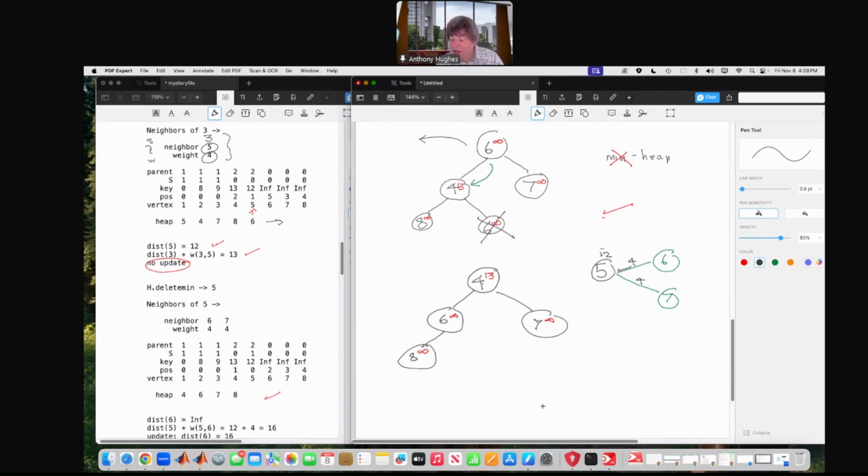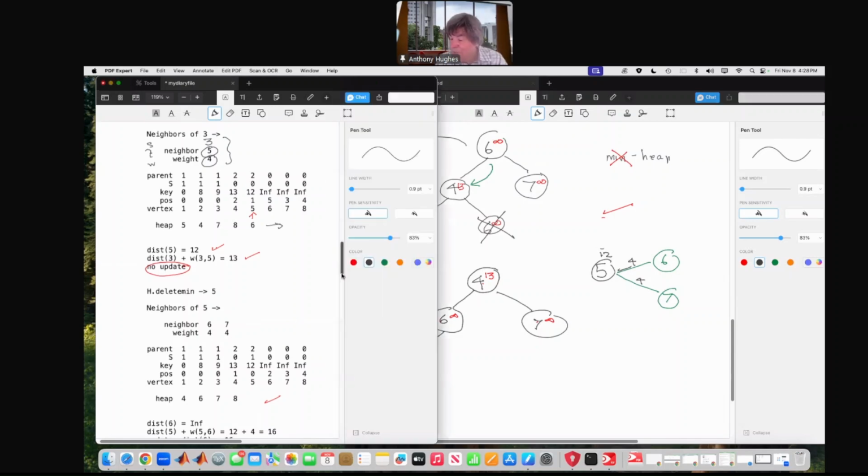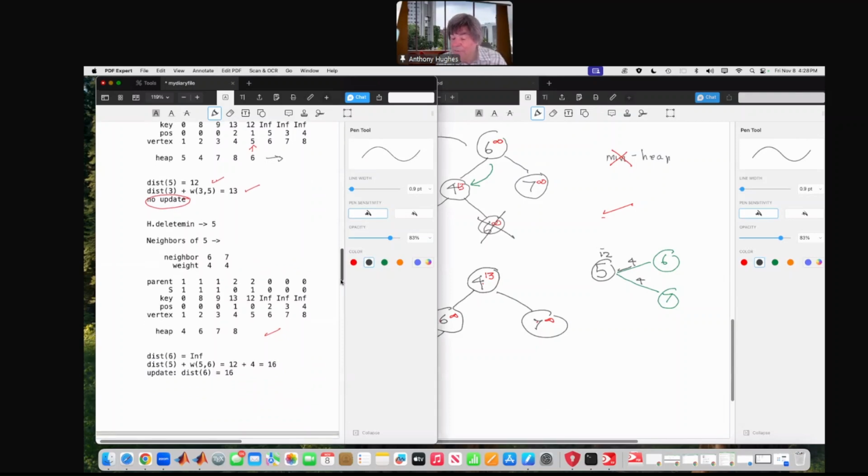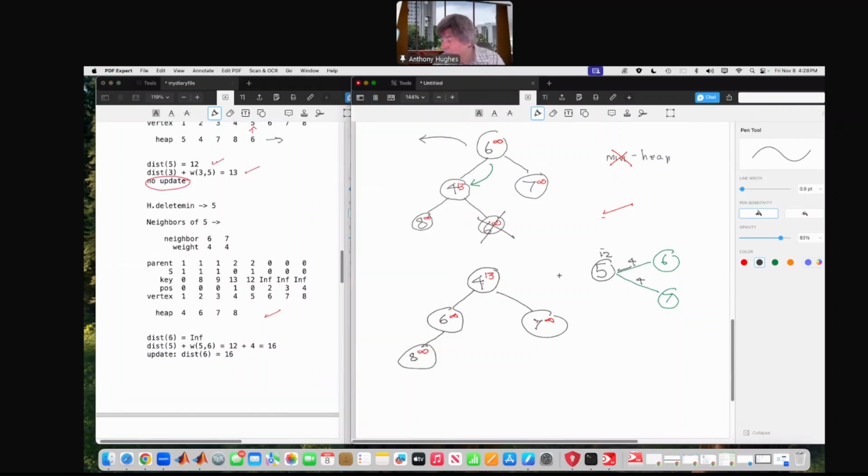Again, we're going to check if by going through 5, this is coming from the root. So let's have a look. The distance to 6, the neighbors are 6 and 7. The distance to 6 is infinity. If we go through 5 and then add the weight from 5 to 6, we get 12 plus 4 is 16.